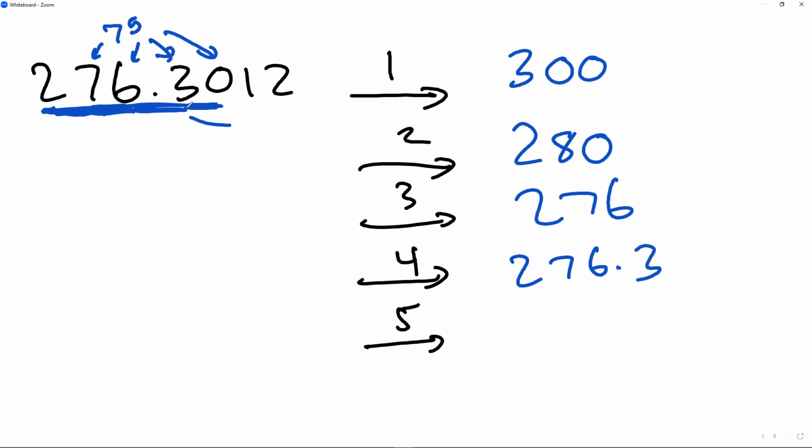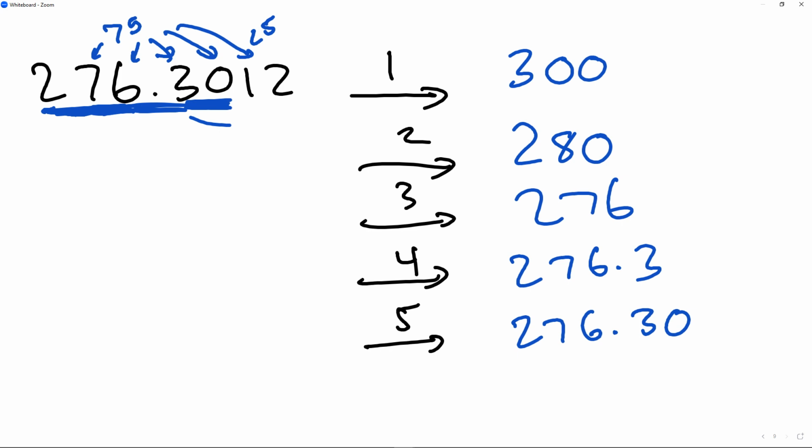And then 5 significant figures, we look at the 6th value, which is 1. So 276.30, because the 1 is less than 5. But won't that be only 4 because the last number is 0?